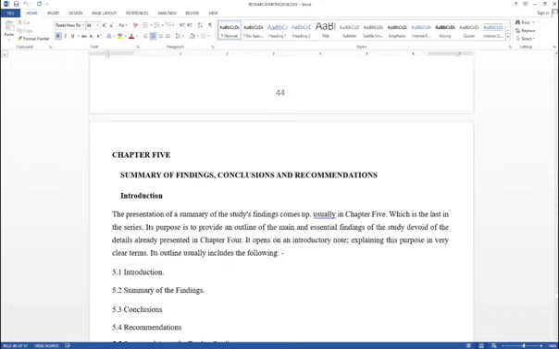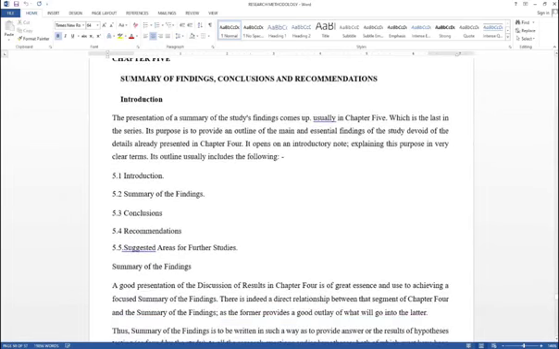It opens on an introductory note explaining this purpose in very clear terms. Its outline usually includes the following: introduction, summary of the findings, conclusions, recommendations, and then suggested areas for further study.